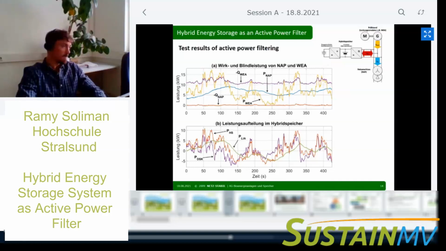In red, we have the total power, which is compensated by the total energy storage. In green, we have the less fluctuating power to the battery. And in purple, it's the highly volatile peak loads, which are compensated by the supercapacitor.